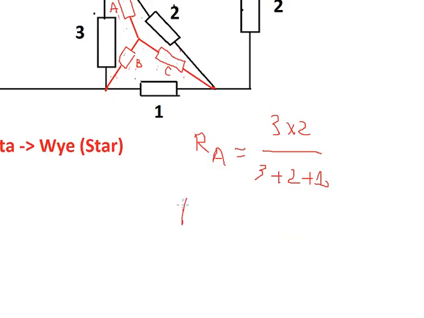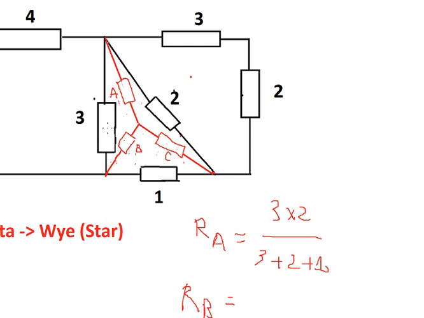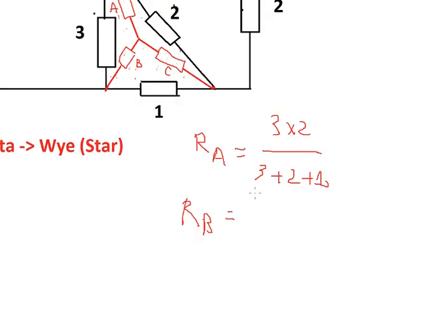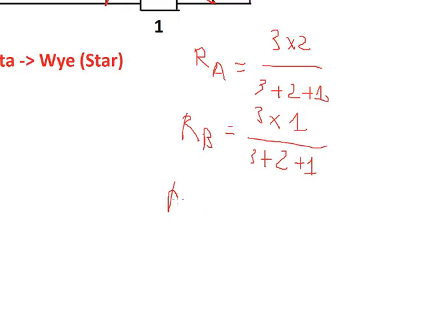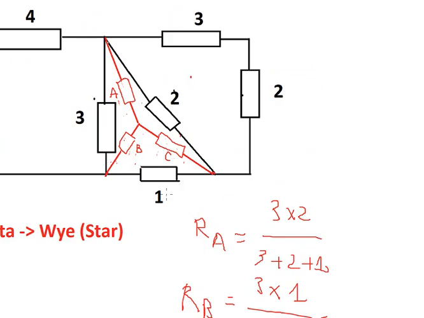And we need to find RB. So B is between number 3 and number 1. So we have 3 multiplied by number 1 over 3 plus 2 plus 1. And RC. That is between number 2 and number 1.